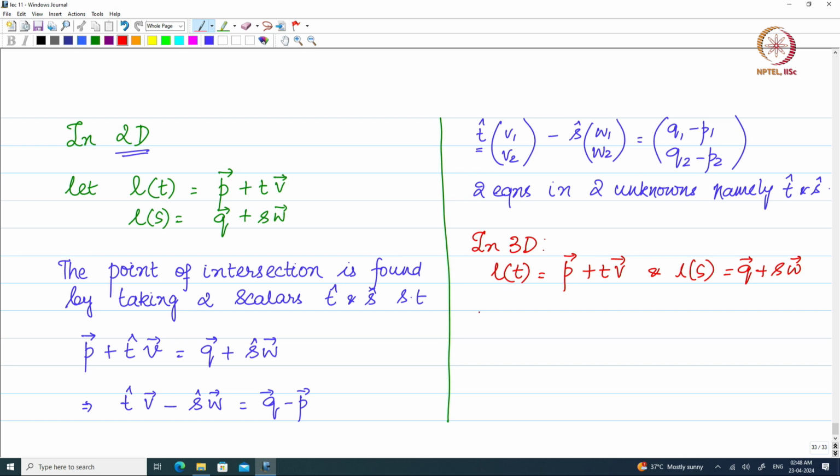If we want to find the point of intersection, it is again given by P plus t hat v equal to Q plus s hat w for some scalars t hat and s hat that we need to find out, right. Now, interestingly, what we see here is that the points P and Q are going to be 3 component fellows.